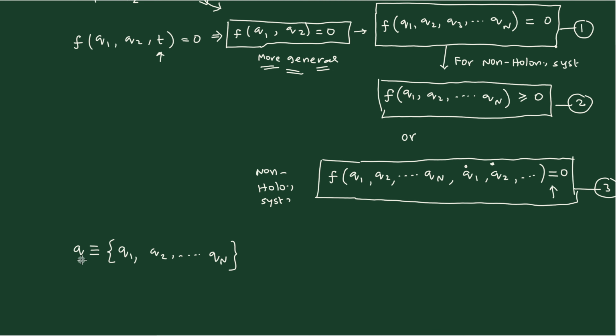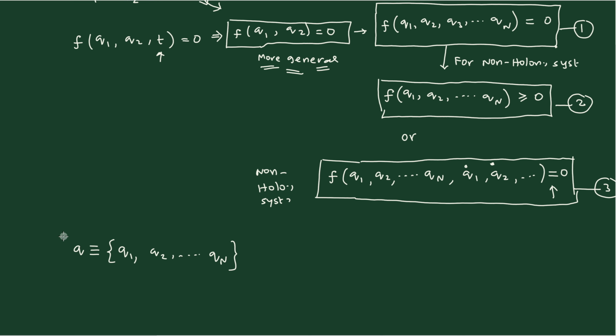So q is the shorthand representation for the set of all q's. For the first time when you are learning, it will be comfortable that you explicitly write down q1, q2, q3, etc., qn. And once you understand that there are n number of variables present for a given physical system, then instead of writing every time q1, q2, etc., you simply write q.